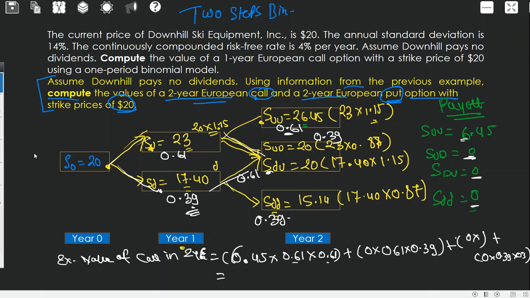Now what is the expected payoff in 2 years? Our net expected value of the call in 2 years is $2.40.